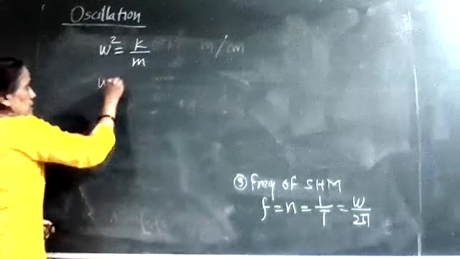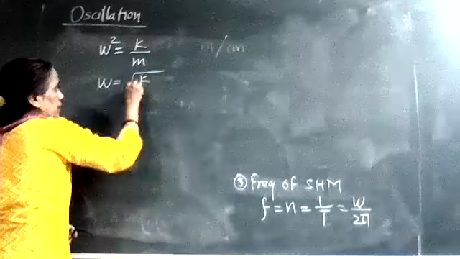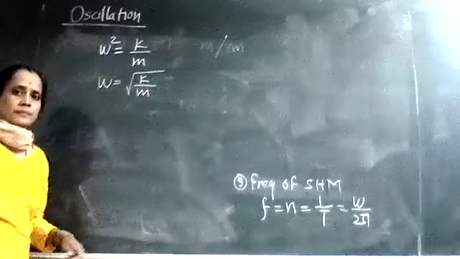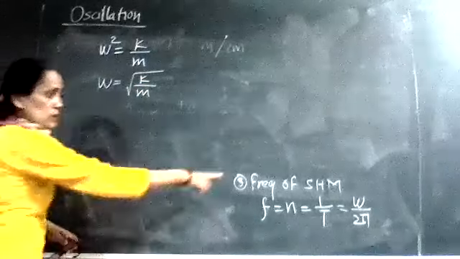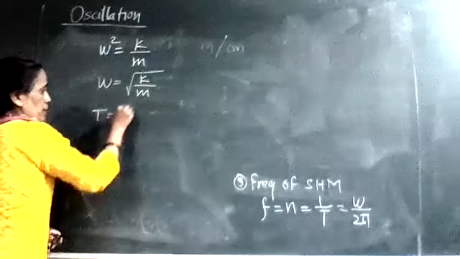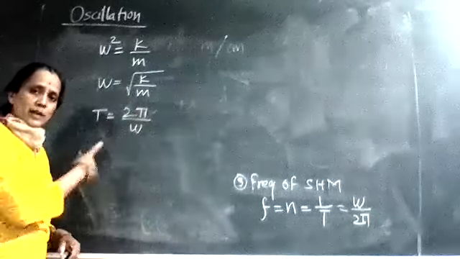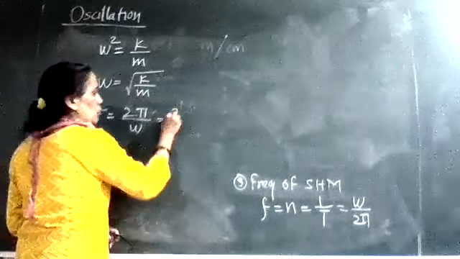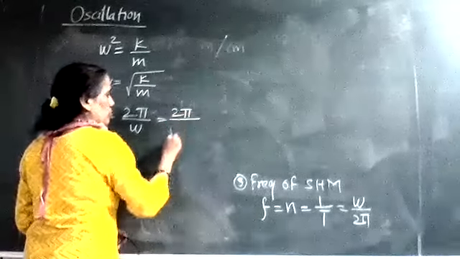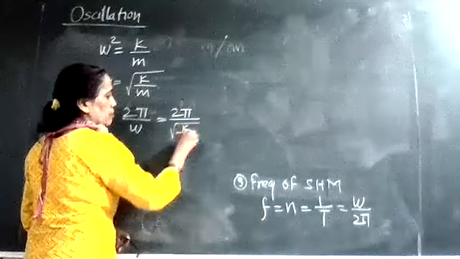Therefore, omega is equal to under root of k by m. And period, as we have just seen, is equal to 2 pi upon omega. Here I can put the value of omega, under root of k by m.